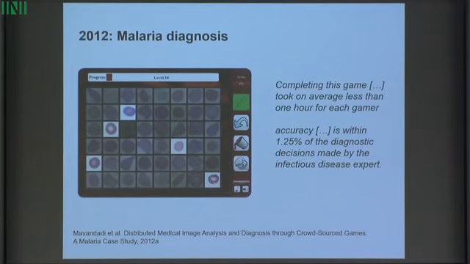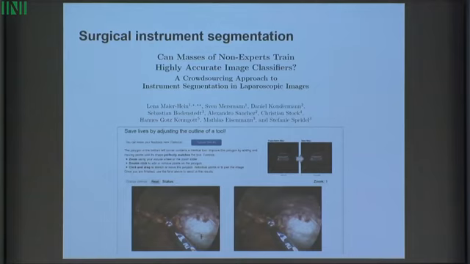It turned out that the crowd was very good at this task, within 1% of the expert. After this, more and more studies appeared with different types of applications. A couple of examples: we have surgical instrument segmentation, where you see a surgical image and the instrument needs to be segmented.